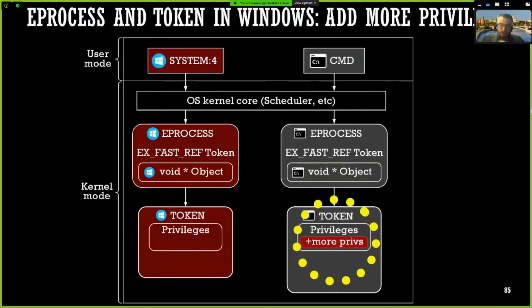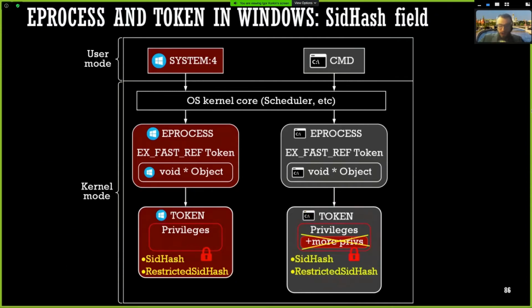Ten years ago, attackers could easily add more privileges to the process by directly patching the token structure. Windows security experts prevented this attack by adding fields such as seed hash and restricted seed hash into the token structure. This guarantees the integrity of the token structure.